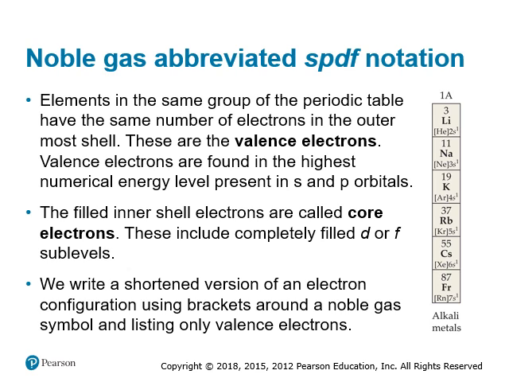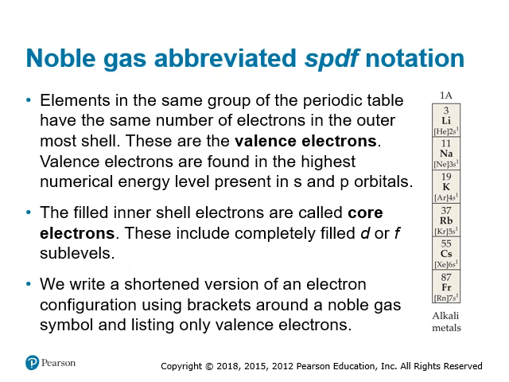Electrons that are found in inner shells are referred to as core electrons. These would refer to d orbitals, f orbitals, and s and p orbitals of lower numerical energy levels.